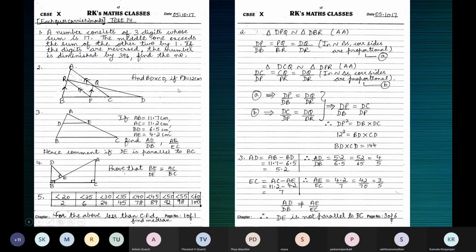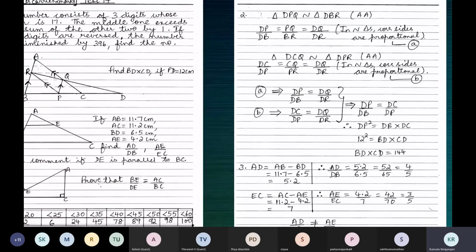Now we have to find BD into CD. Where is BD? This is BD. So you have to take this ratio. Children, first time, there's lots to talk about.